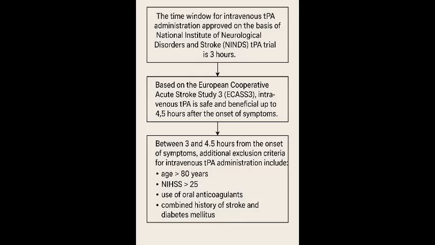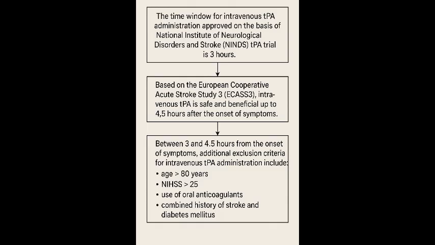So the time window for IV TPA administration, approved on the basis of the National Institute of Neurological Disorders and Stroke (NINDS) TPA trial, is 3 hours, and based on the European Cooperative Acute Stroke Study 3, that's the ECASS 3, IV TPA is safe and beneficial up to 4.5 hours after the onset of symptoms.